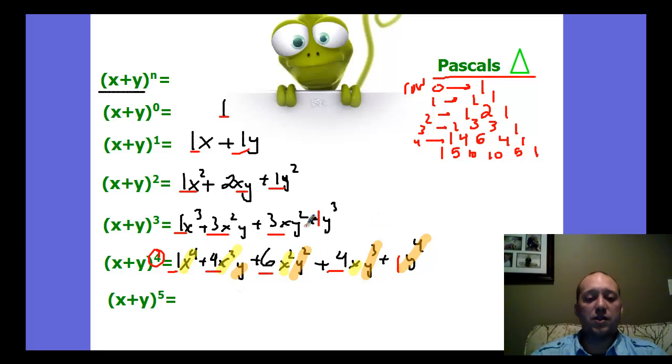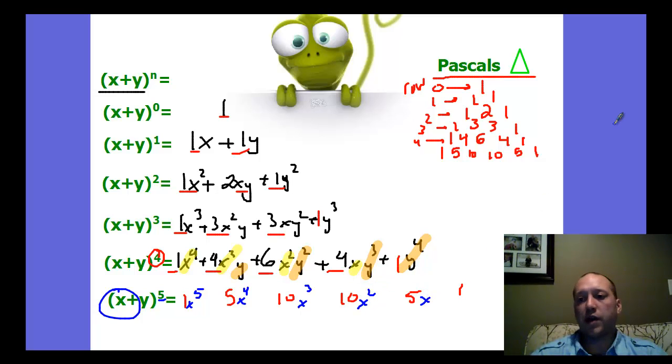So using patterns, I can expand this pretty quick down here in the bottom. This would be row 5, which I have written down already. That would be the coefficients 1, 5, 10, 10, 5, 1. And then I can take my first term to the biggest degree 5, x to the 5th, and then work my way down, x to the 4th, x cubed, x squared, x, and then no x's.